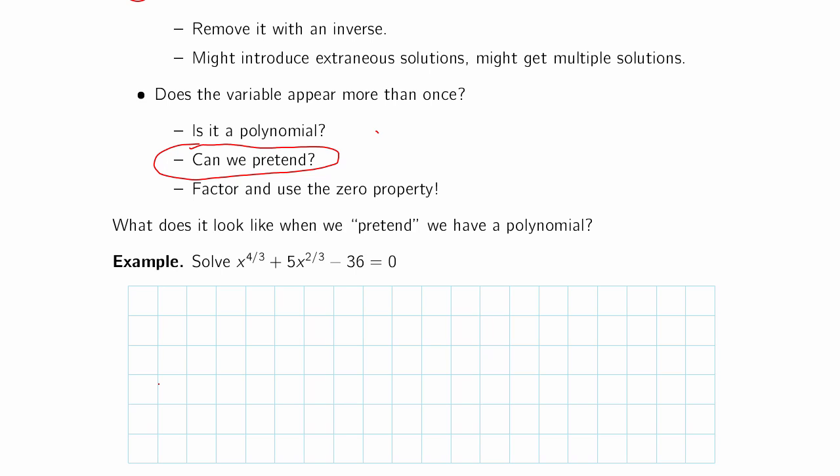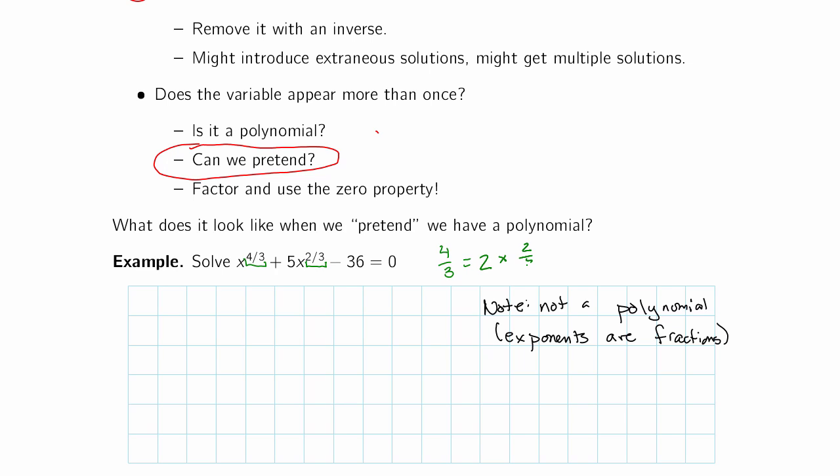So suppose we have this equation. This is not a polynomial because the exponents are fractions. But we see that this exponent is twice this exponent, right? 4/3 is twice 2/3.